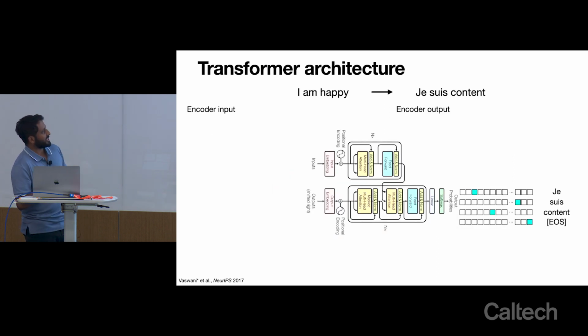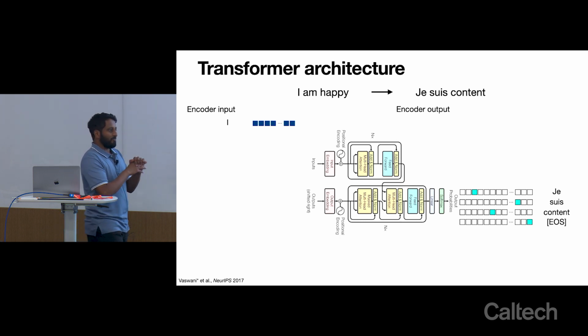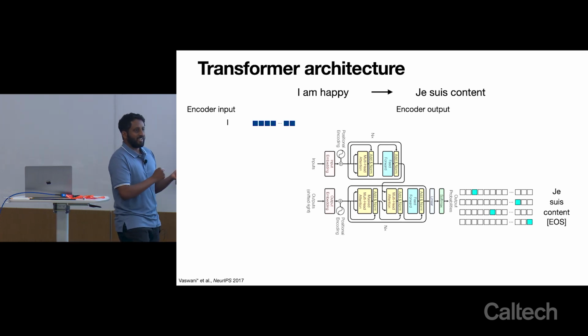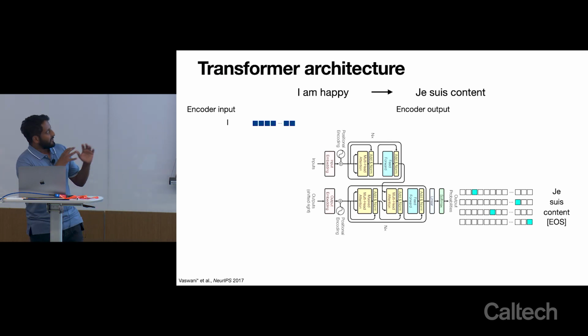Okay, so what does this look like? Again, take the previous example. I am happy, je suis content. So encoder input, first is the word I. Okay, so I've been using words, but of course, when we pass something into a neural network, it needs to be numbers. So each of these words has an embedding.